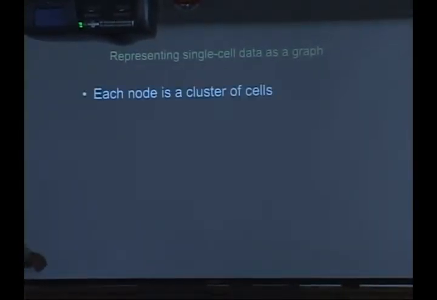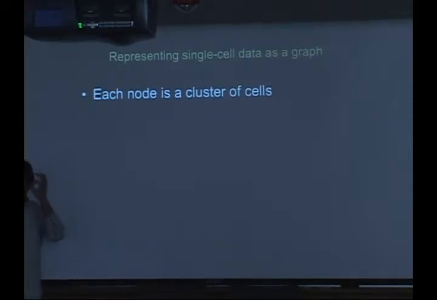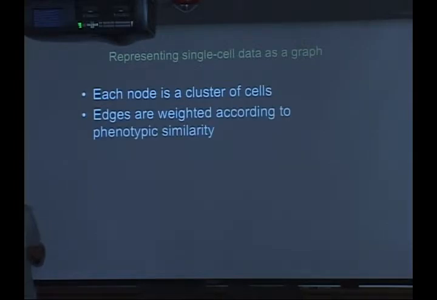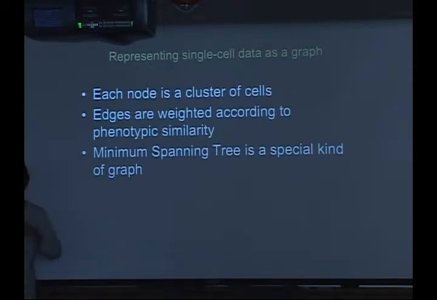A graph is a mathematical object where each node of the graph is a cluster of cells, and the edges, the connections between the nodes, have a weight associated to them which is proportional to the similarity. If two clusters are very similar, they will have an edge with a very strong weight. If they're very different, they will have an edge with a very low weight. And as I was telling you, the minimum spanning tree is just a special kind of graph, so we're not inventing anything new here.